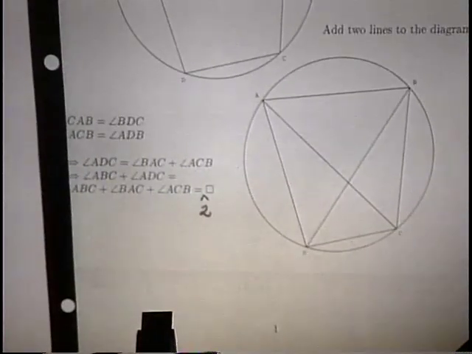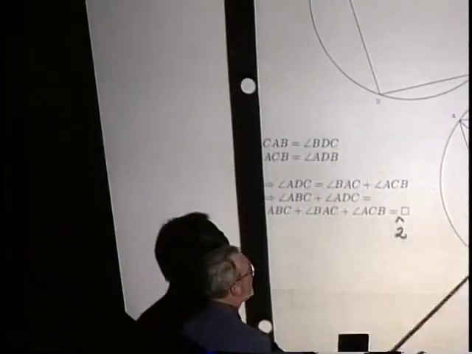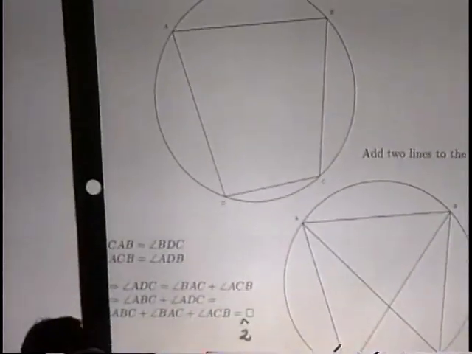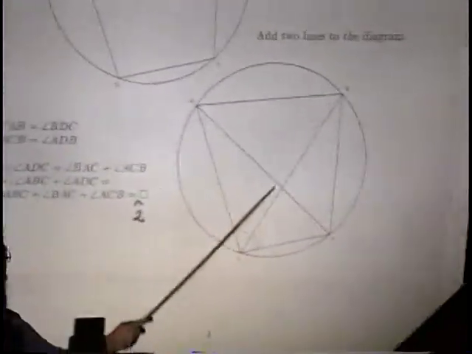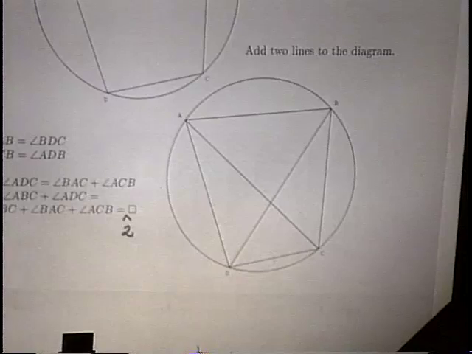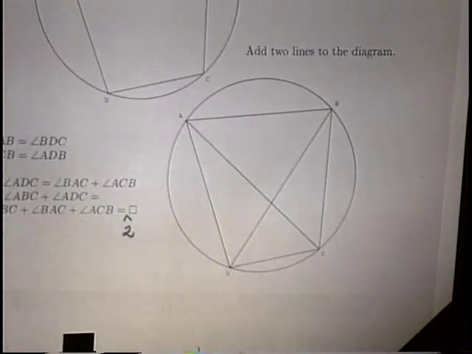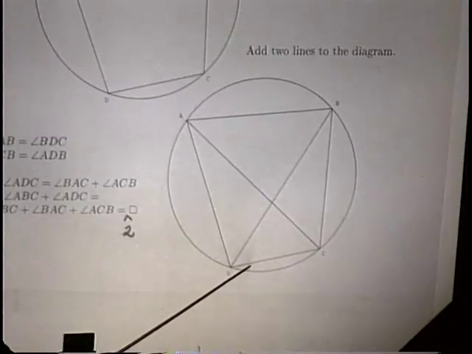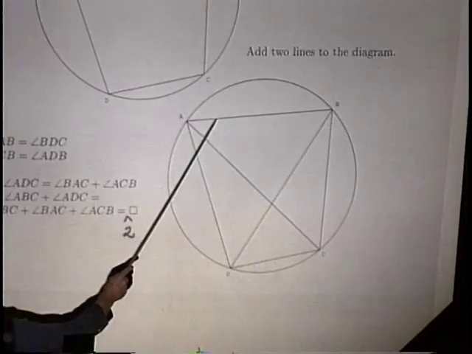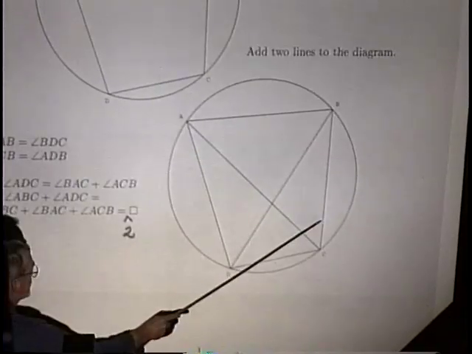Right. So the statement of the proposition said that this angle plus this angle was equal to two right angles, but this angle alone is, by what we've just shown, equal to this plus this.